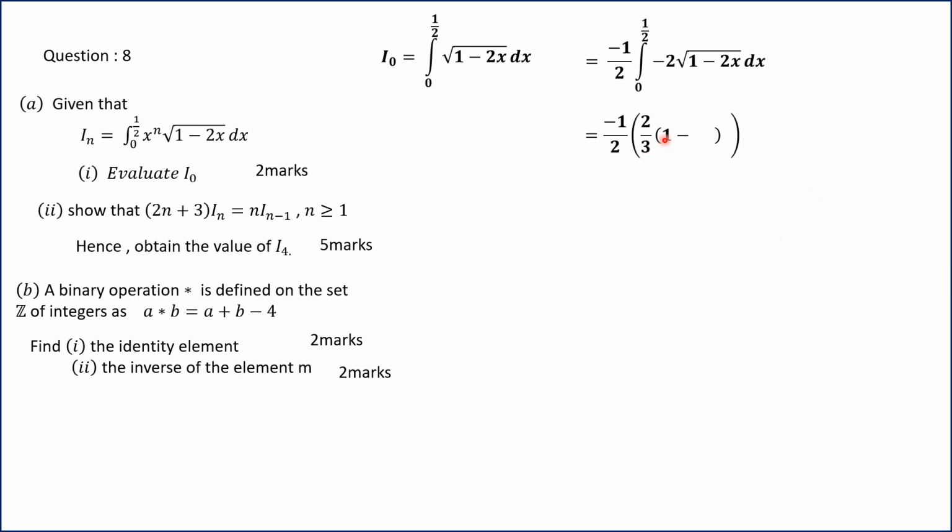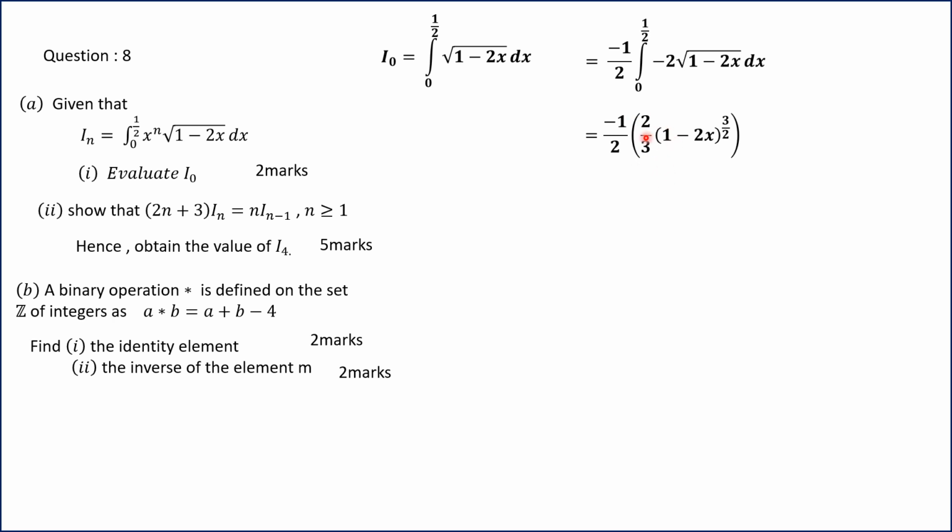This is 1 minus 2x raised to the power a half. I erase that power half, I add 1 to it, it becomes 3 over 2, and then I divide by the new power. When you do the division, there will be a swap. The 3 over 2 will become 2 over 3.